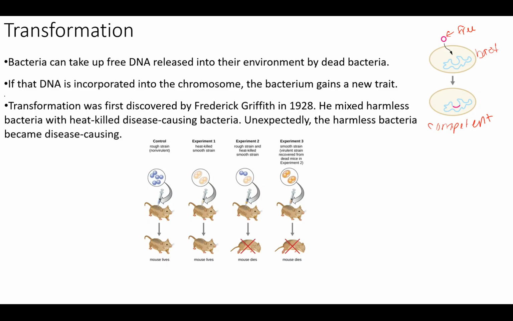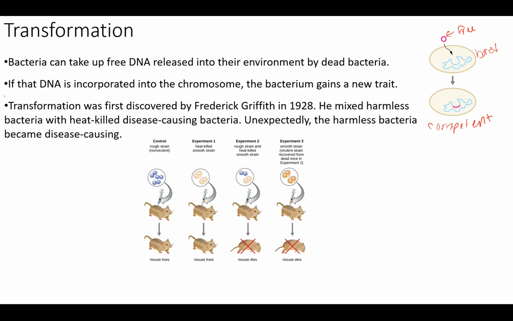But then they took the smooth strain, which was virulent, and heat killed them. That means exposing them to heat in order to kill them. When those virulent bacteria were exposed to heat, they died. So when those dead cells were put into the mouse, it was fine, right? Because the dangerous bacteria had been killed. So those two made sense.